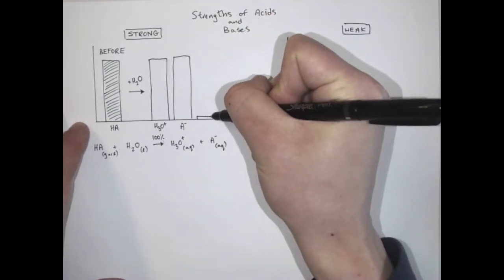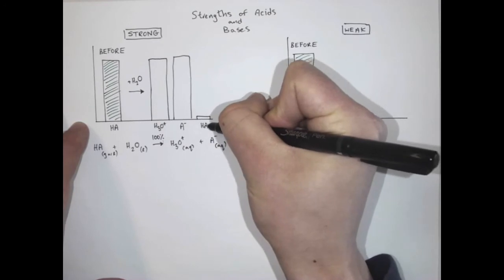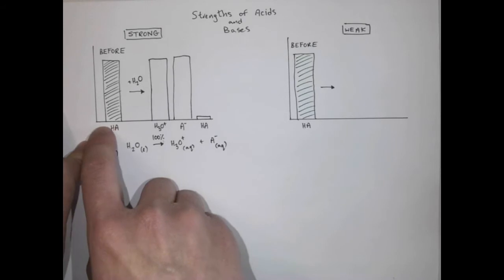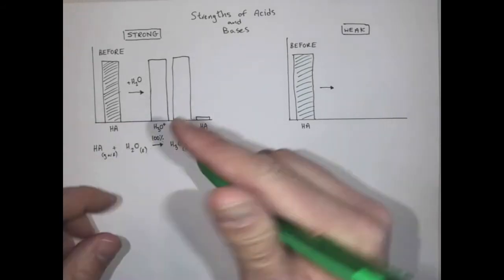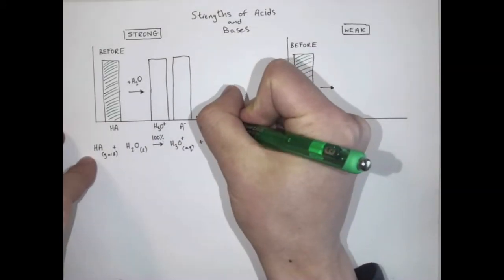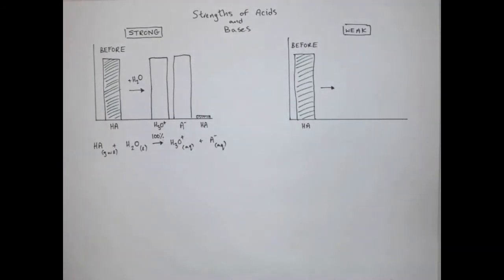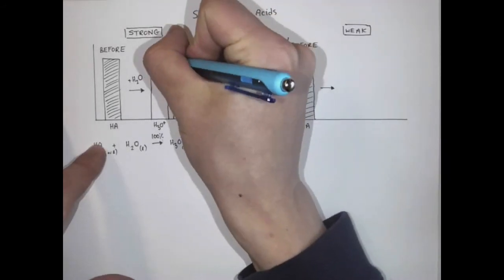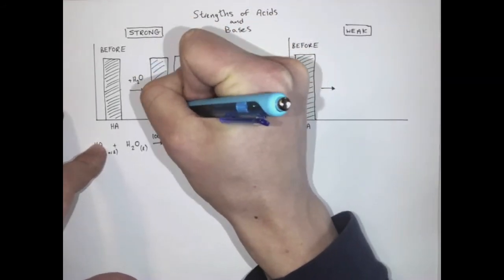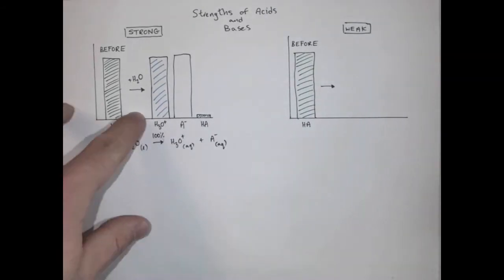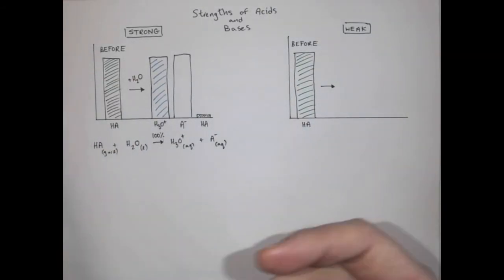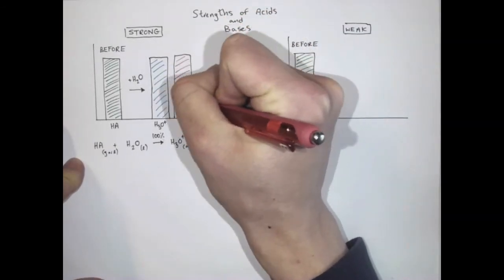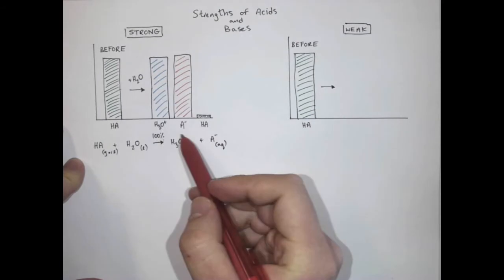And I've got a very tiny amount of HA left. So very few of these HA entities remain as HA. Most of them, almost 100%. I'm not saying all of them, because there's always going to be a tiny bit left over, but that's something that we're going to see a little bit more closely next year if you were to take Chem 30. But we can basically assume it's as close to 100% as you can get. They turn into hydronium and the anion.